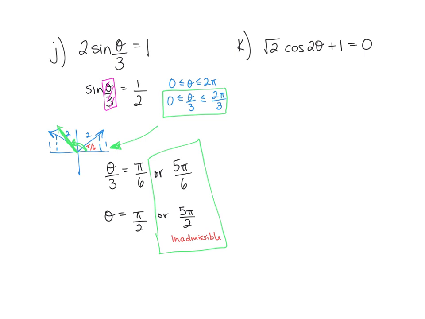Let's look at K. So again, first things first, isolate. Cos of 2 theta. So I know cos is negative where our adjacent side is negative. And drop my heights to get those special triangles.